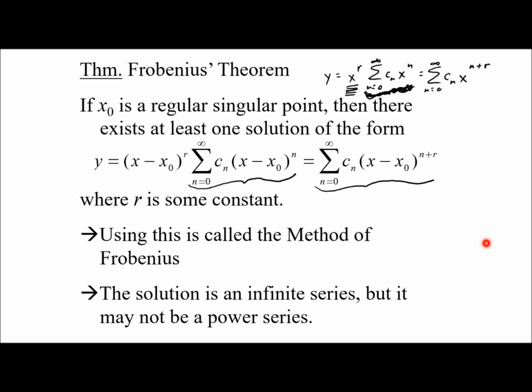If r is a negative number, now suddenly our terms might have negative powers on x. If r is a fraction, now suddenly all of our x's have fractional powers, which is fine. I mean, that's not a big deal. It's still an infinite series. It's still the answer we're looking for. Just understand that we wouldn't call that a power series because the power series is specific.